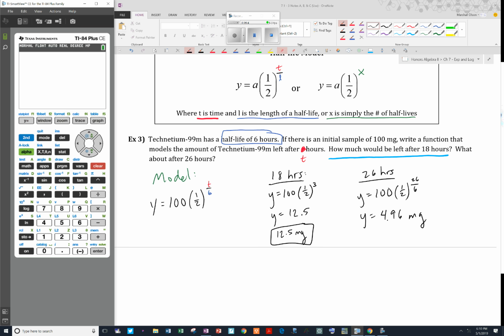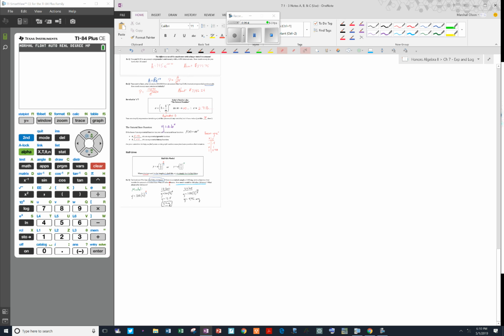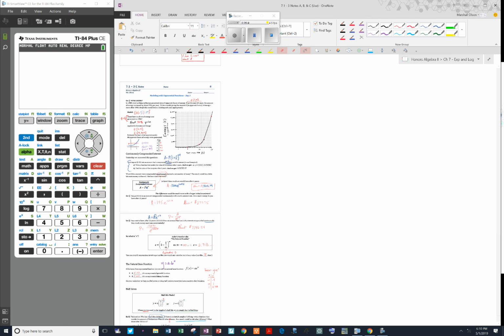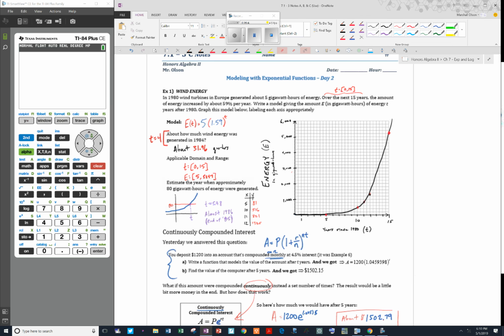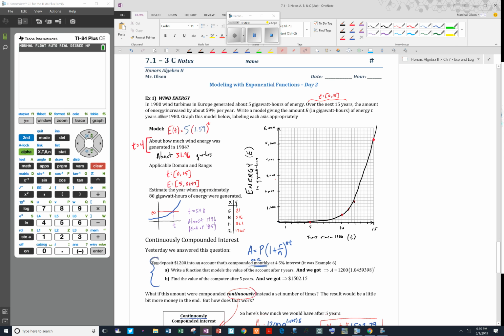That is it for the exponential modeling. So we've got some things with financial applications, different exponential growth and decay, like the wind energy one that we did today, and some things with decay of value of technology, which I know we did yesterday.